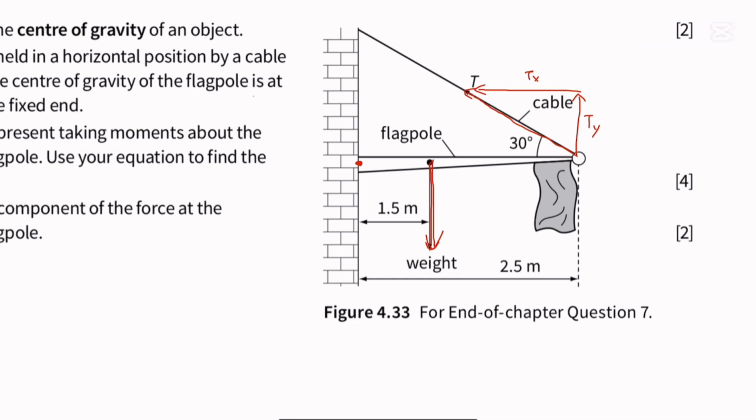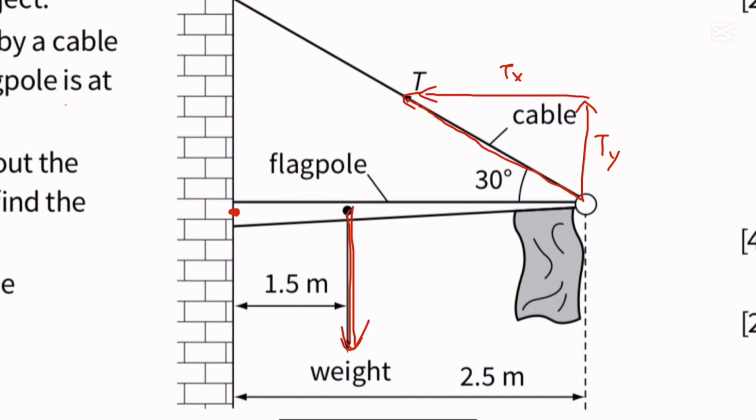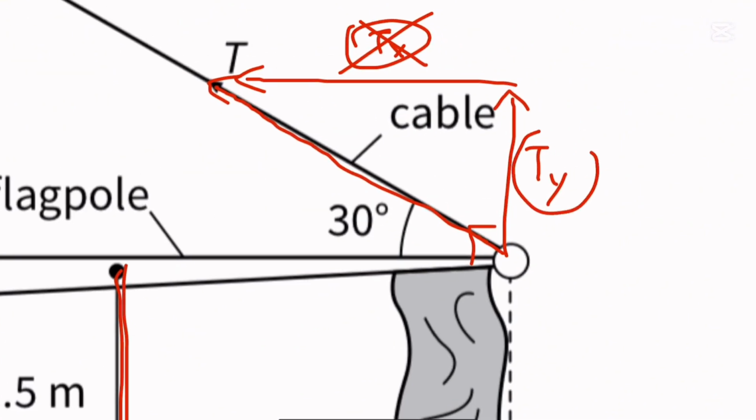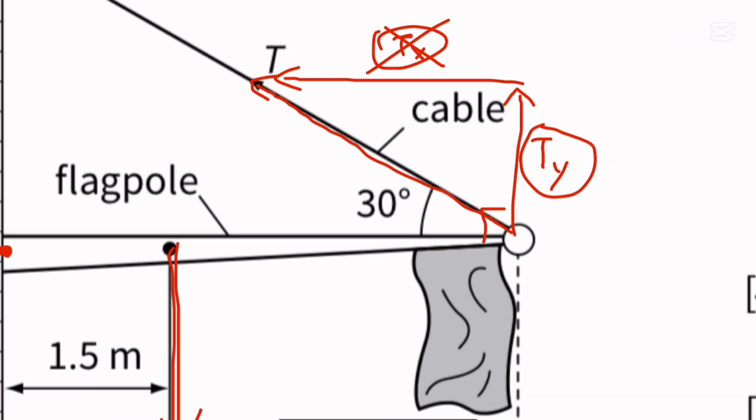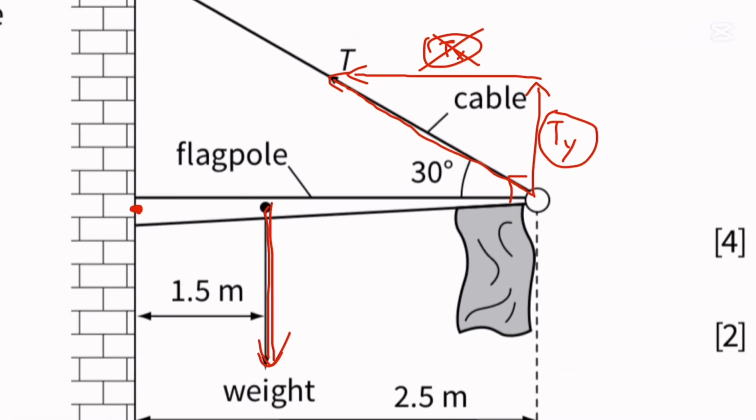In a moment equation, the only thing that matters is the perpendicular distance. So the x component doesn't matter, it gets cancelled out either way. The only thing that matters is the vertical vector of the tension cable, and this vector keeps the flagpole from falling down.